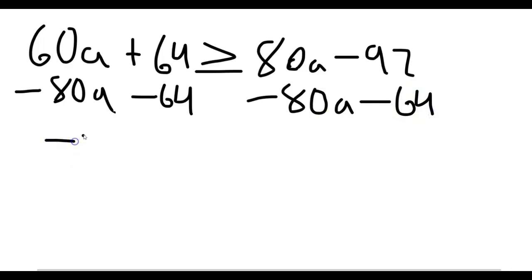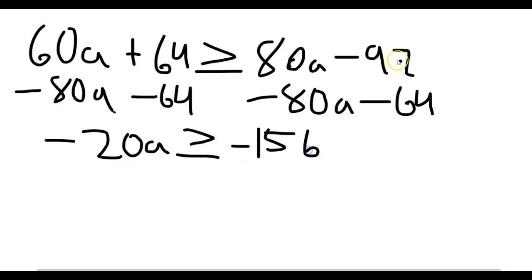So now we're left with negative 20a is greater than or equal to negative 156, because negative 92 minus 64 is negative 156. Now what we need to do is multiply both sides by -1 to get rid of this negative sign.